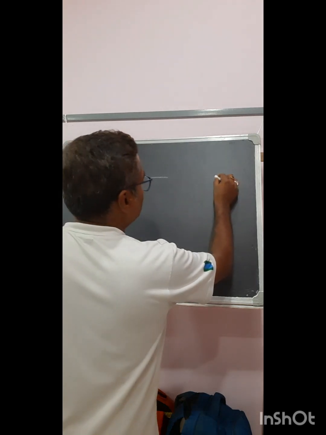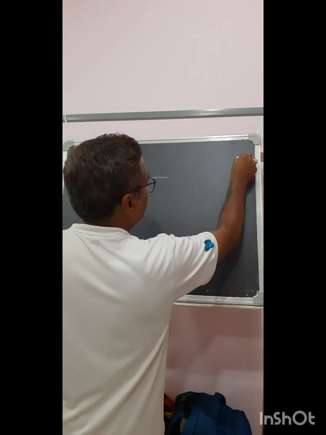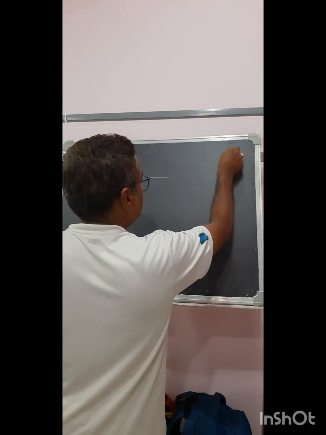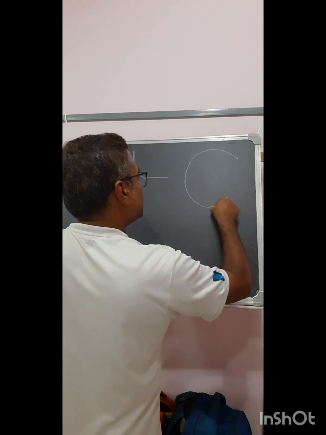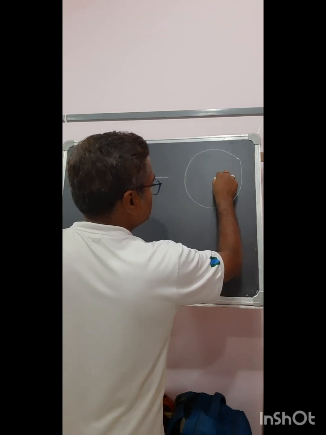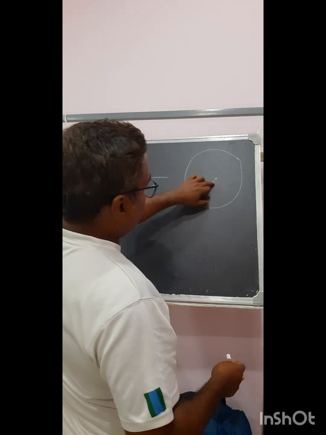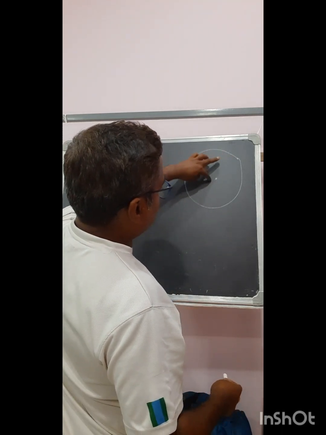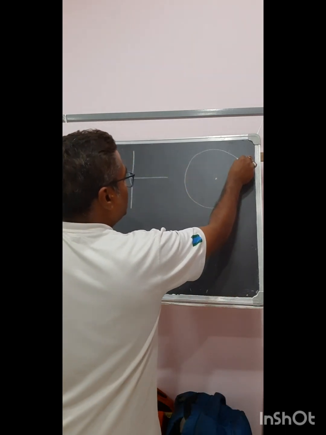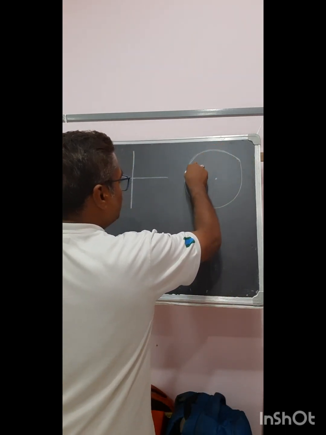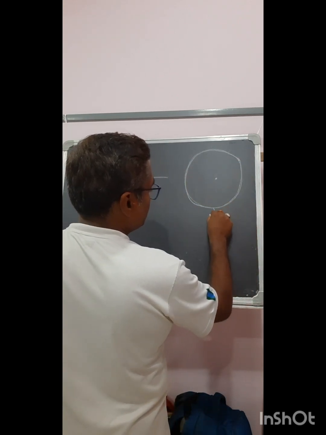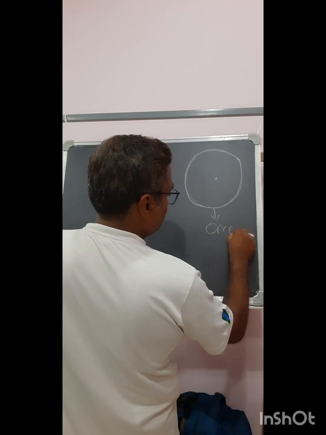The definition of a circle is that if a point moves with respect to another point in such a way that it keeps the same distance from the fixed point, then the path the moving point forms is a circle.